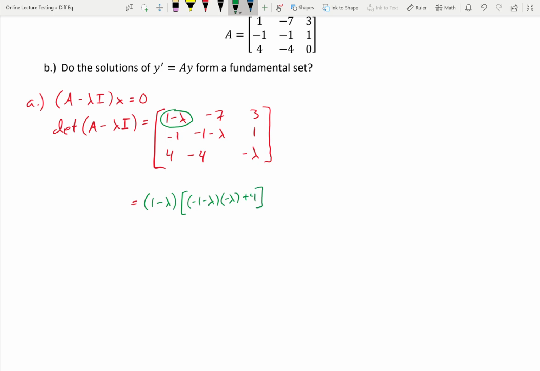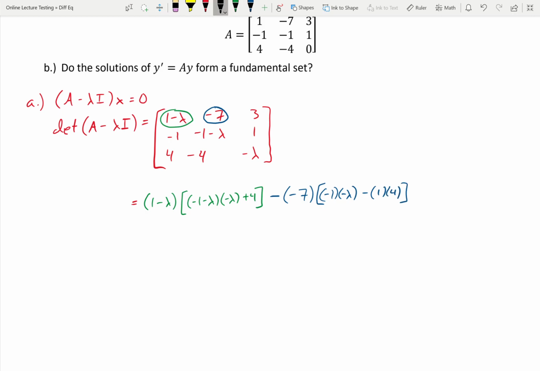And then in blue, we are going to subtract negative 7 times its minor, so negative 1 times negative lambda. That's just going to give us lambda. Let's go ahead and write those values out so you can see where they're coming from: negative 1 times negative lambda, minus 1 times 4.